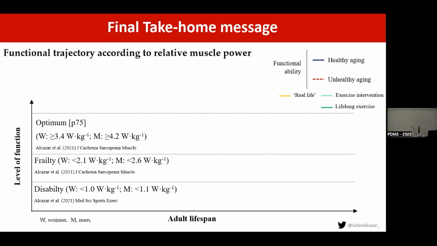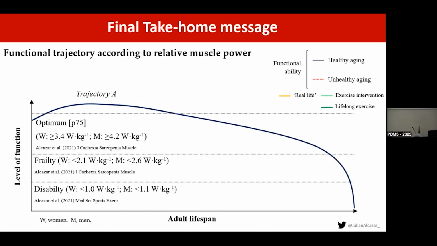So as a final take-home message, depending on your level of relative muscle power, and depending on your lifestyle, you can follow a trajectory across your adult lifespan. A negative event can provoke a premature decrease in relative muscle power.